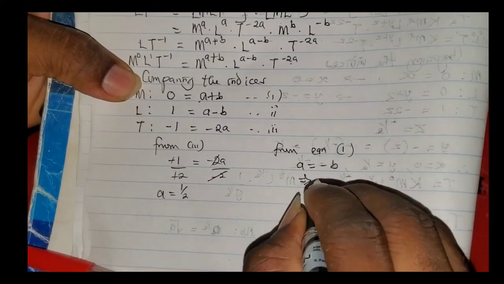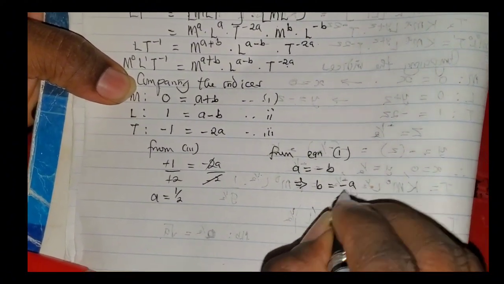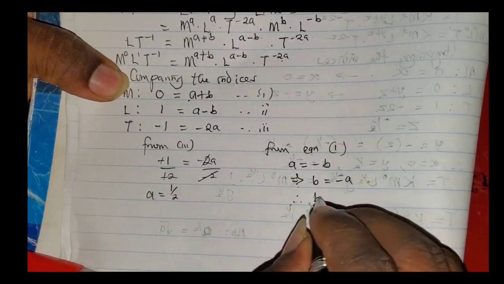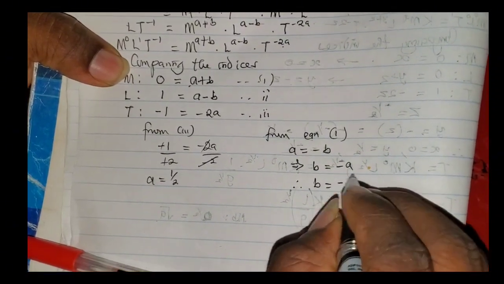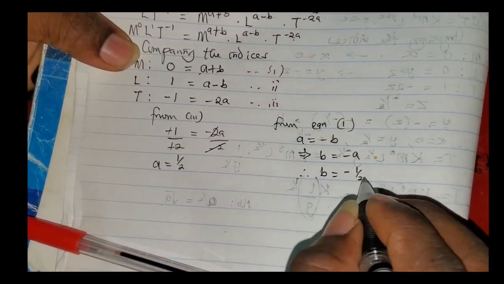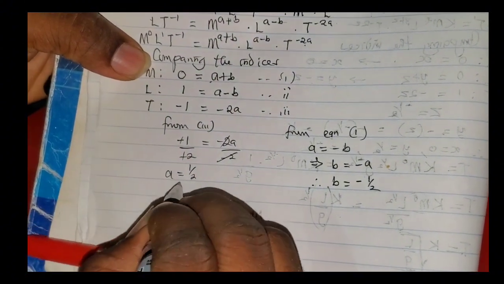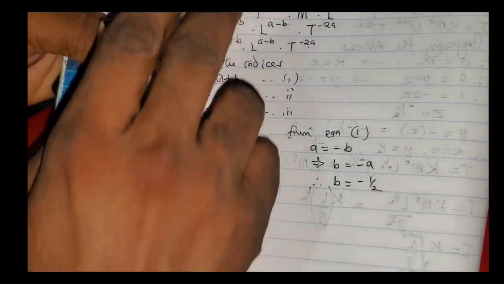So it implies that b is equal to minus a. Therefore, we can say b equals minus half. So these are the values of a and b that we have here.